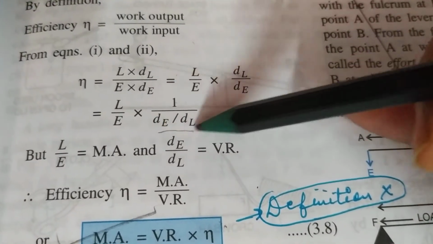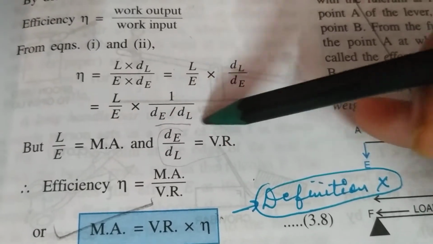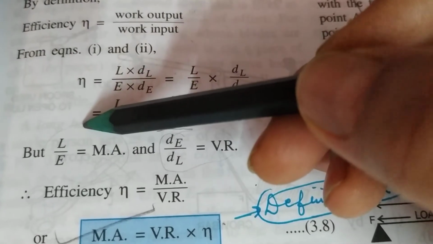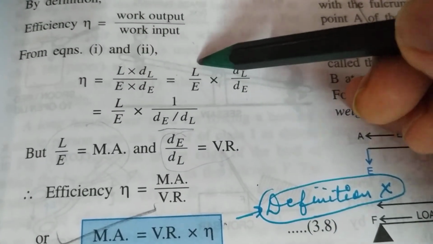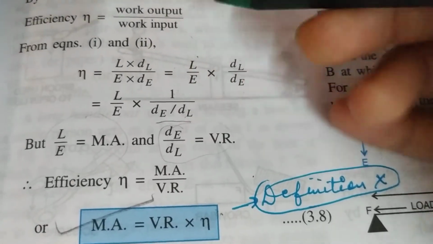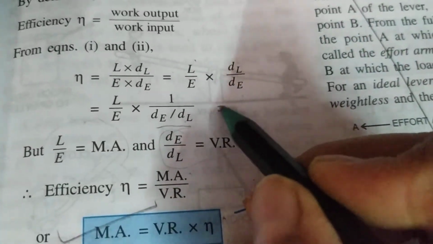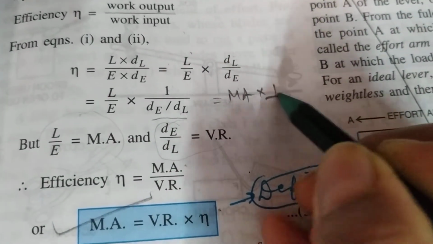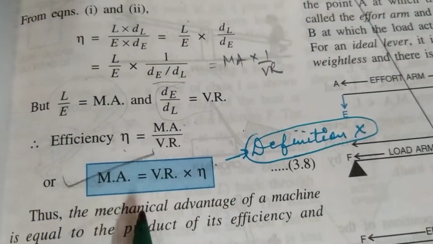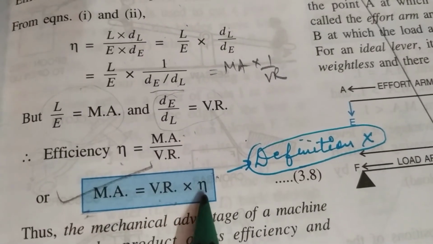So why have we done this? Because this ratio dE upon dL is actually velocity ratio, and this ratio L upon E is actually mechanical advantage. So I can substitute here mechanical advantage into 1 by velocity ratio, which becomes mechanical advantage upon velocity ratio. I can substitute here MA into 1 upon VR. So it becomes eta is equal to MA upon VR, and the relation can be written like this also, that mechanical advantage is velocity ratio into efficiency.